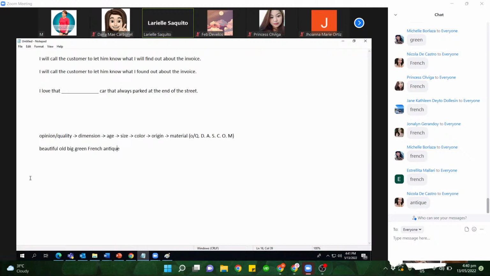So we should always follow this specific order of the adjectives. So OQ DASCOM: opinion or quality first, dimension, age, size, color, origin, and material for the last. Whenever we are going to describe nouns or pronouns, this is always the order that should be followed.